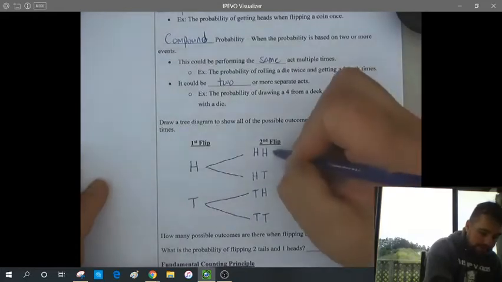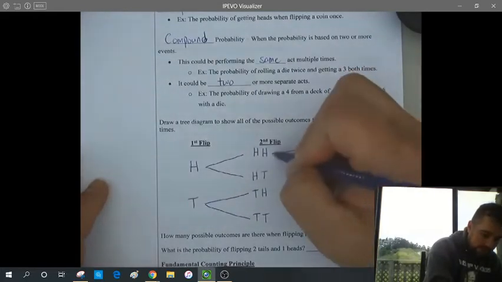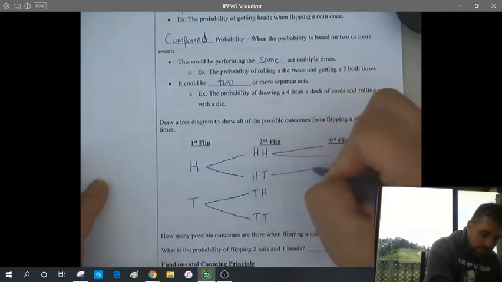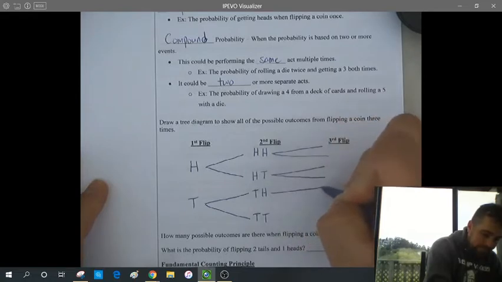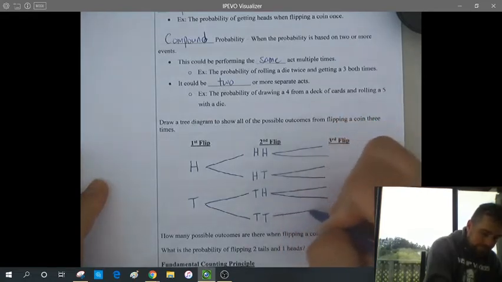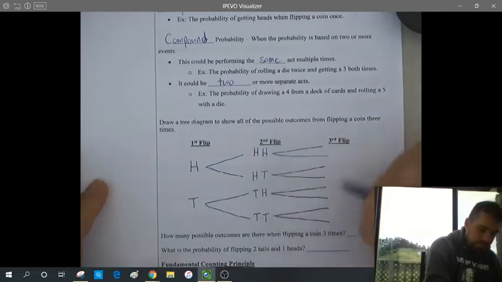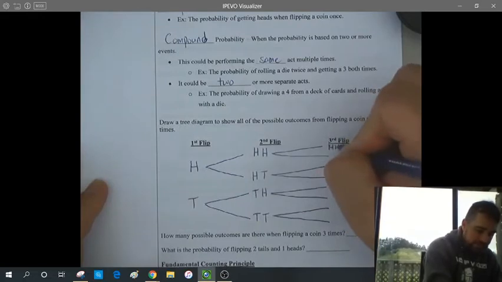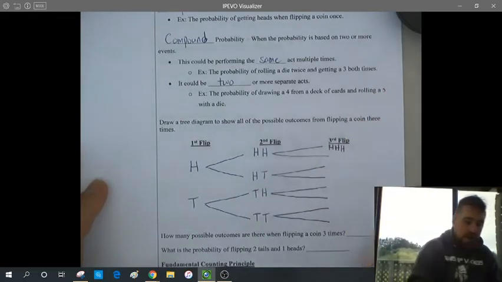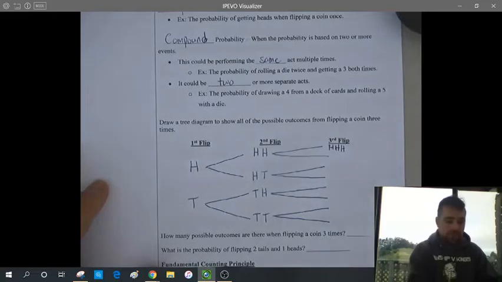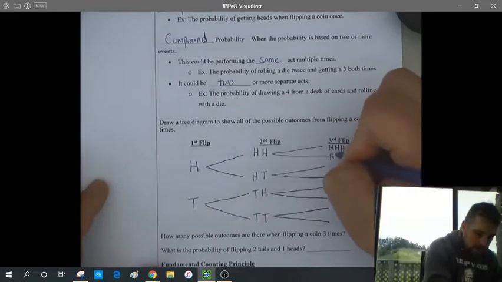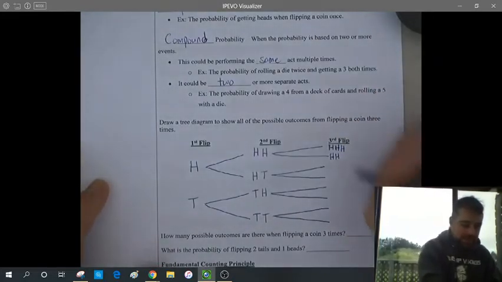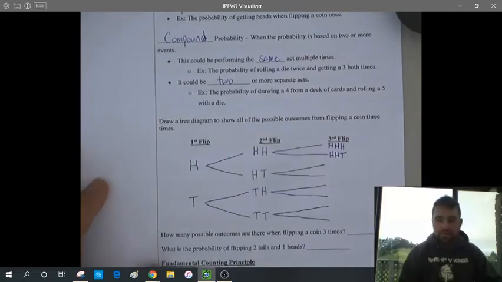And then each one of these, when I make my third flip, is going to have 2 options. So, after flipping heads twice, I could, on my third flip, also end up with heads. So this option would be if I got heads all 3 times. I could flip heads twice, and then on the third flip, get a tails.